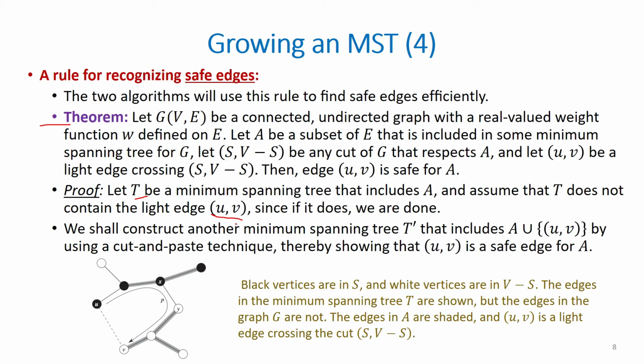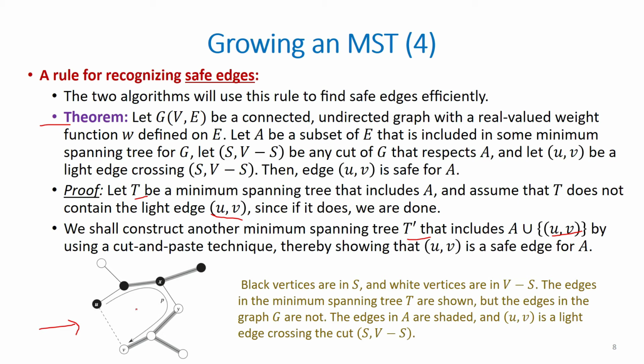Now, let's build another MST called T prime that includes all the edges in A as well as the light edge UV. As we see in this figure over here, the nodes U and V are on opposite sides of the cut. That is, node U is in set S and V is in set V minus S. And that's why they have different colors.